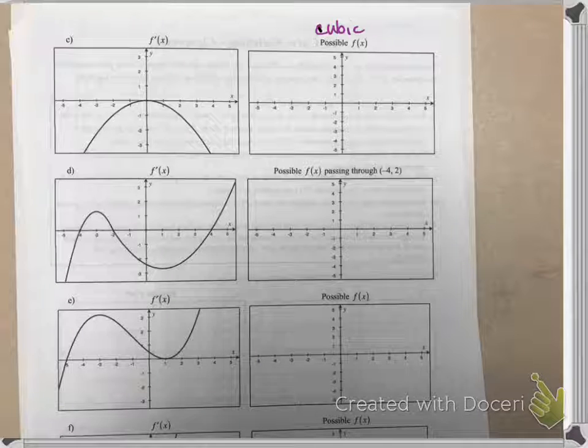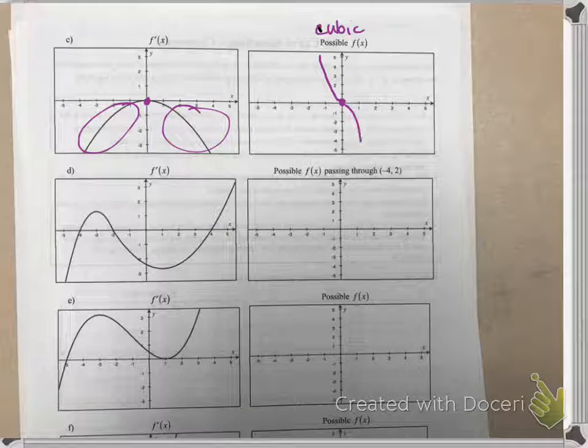Now, let's look at what we know. When is f prime of x 0? At 0. We also know that it is decreasing on this side of 0. So it's decreasing, then it hits 0, and then it continues to be decreasing.